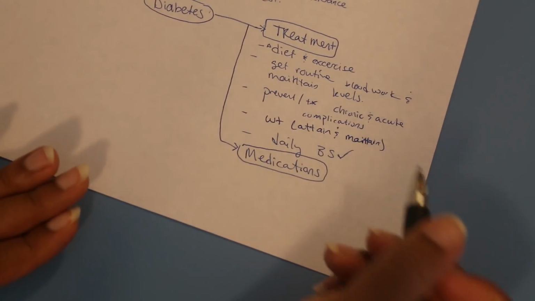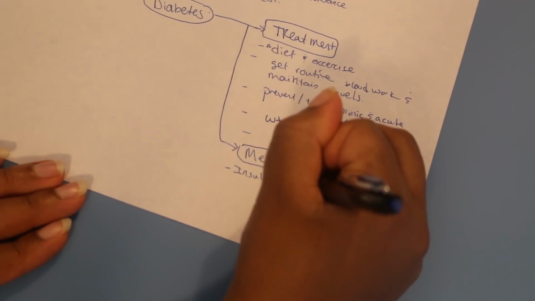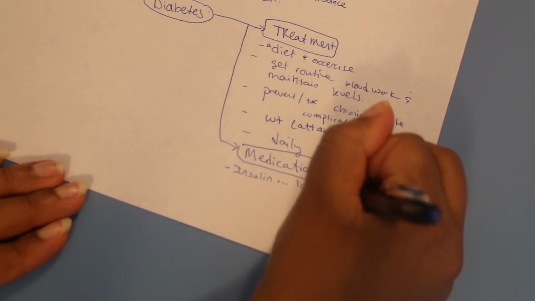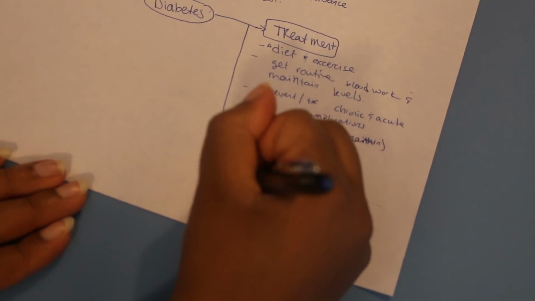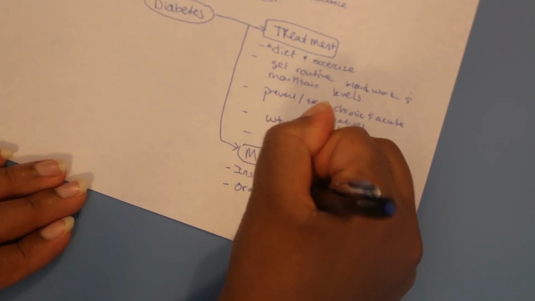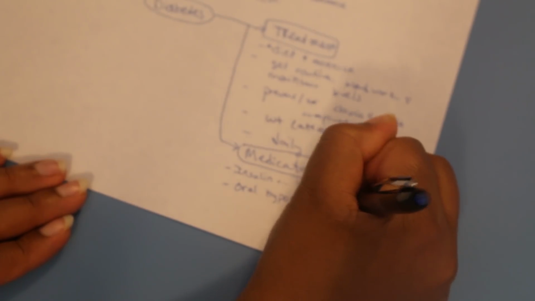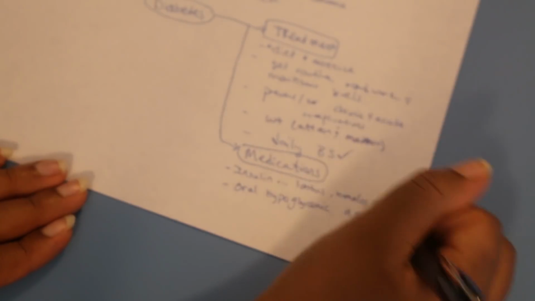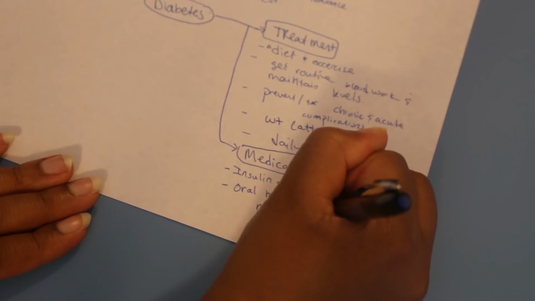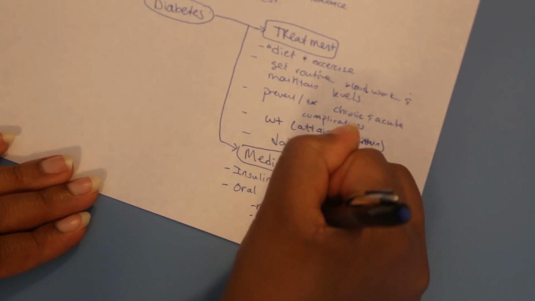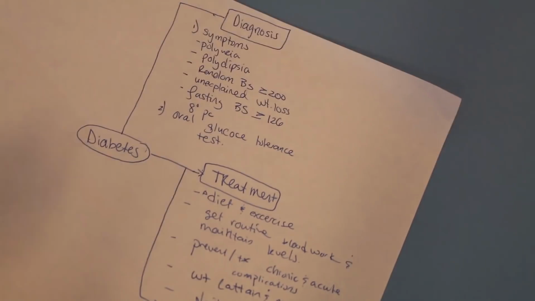But basically, we're going to shorten it up and we're going to put insulin, and I'm just going to put some little examples, which could be like Lantus or Humalog, etc. And then also you might have to take an oral hypoglycemic agent. So something that's going to decrease your blood sugar. So this could be like metformin or Anglanza. How do you spell that? Anglanza. All right, so that's that.